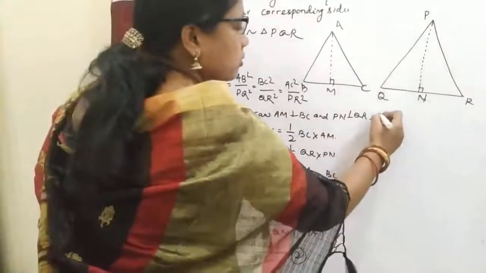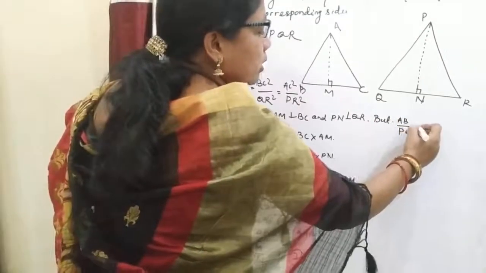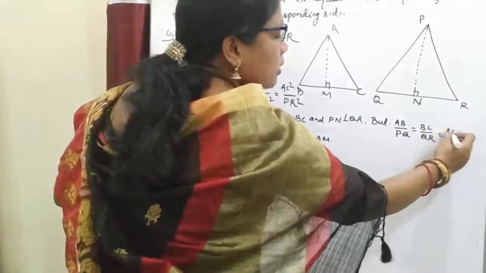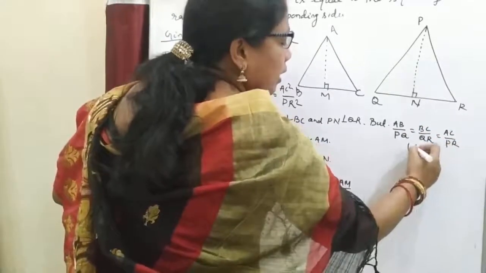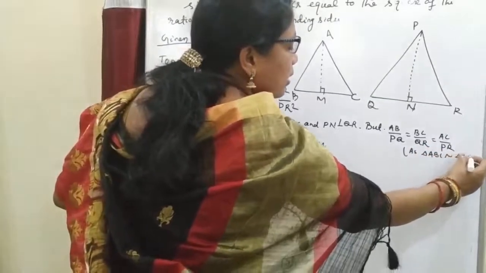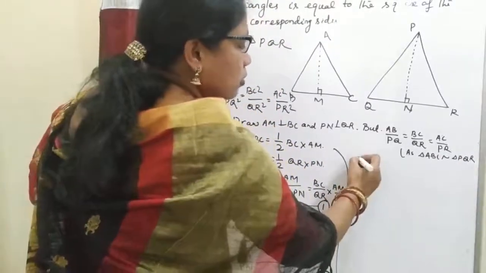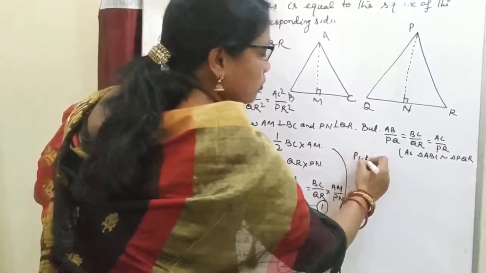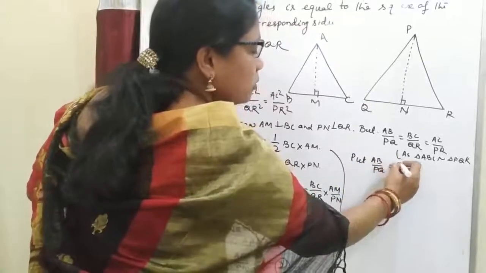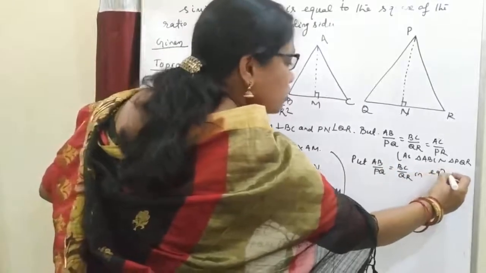But AB by PQ is equal to BC by QR is equal to AC by PR, as triangle ABC is similar to triangle PQR. So put AB by PQ is equal to BC by QR in equation 2.